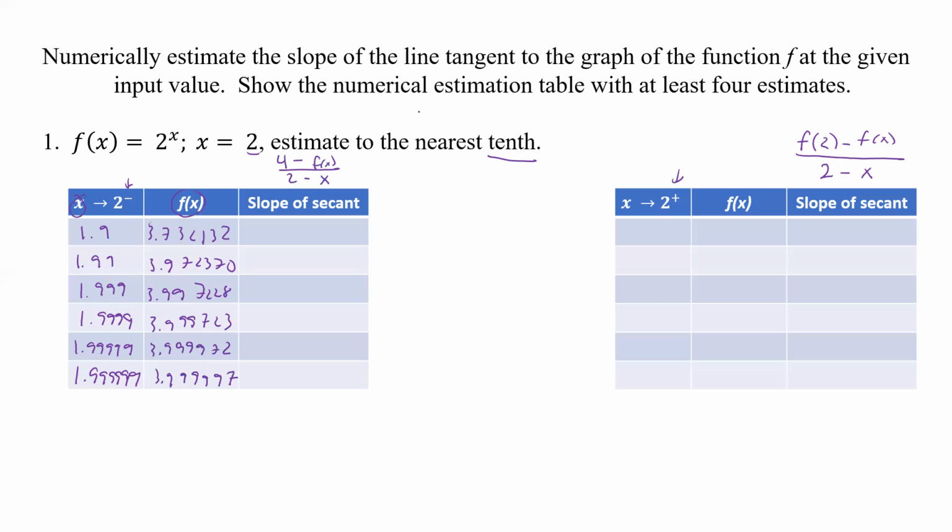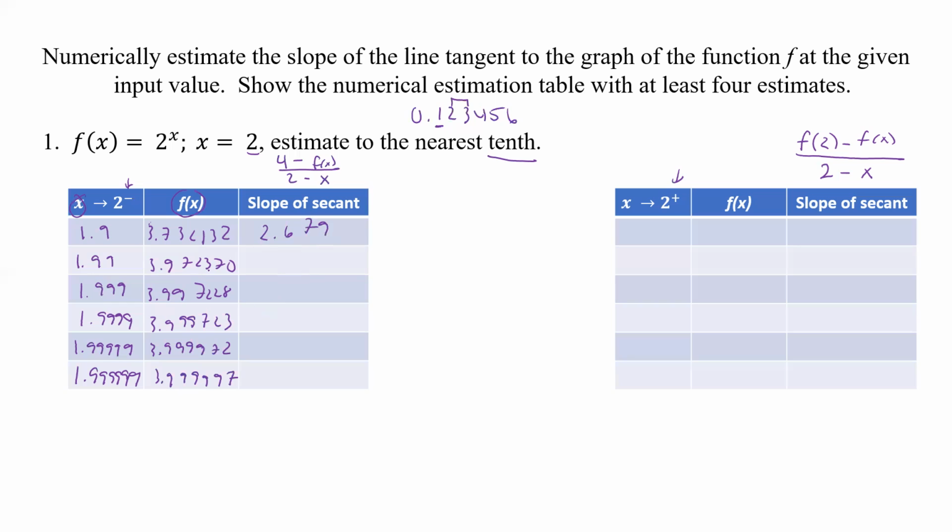Okay, but let's see, what do we have? We have to go to the tenth. So if we're at the tenth, say we have, I'm just going to write some numbers, 1, 2, 3, 4, 5, 6. If we're going to the tenth, we only need to go out 2 spaces beyond that, remember, based on our long time ago in chapter 1. And so we just have to go out basically 3 decimal places. And so here, 3 decimal places would be 2.679.